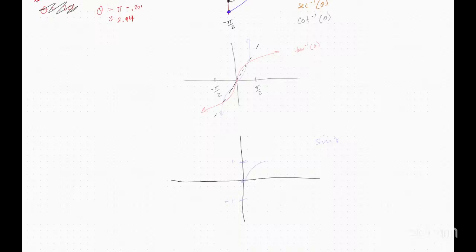So if we want to find the inverse, we have to choose basically a domain of this graph to use to flip it. So what domain are we going to choose for this graph? We're going to choose the domain from here all the way to there.